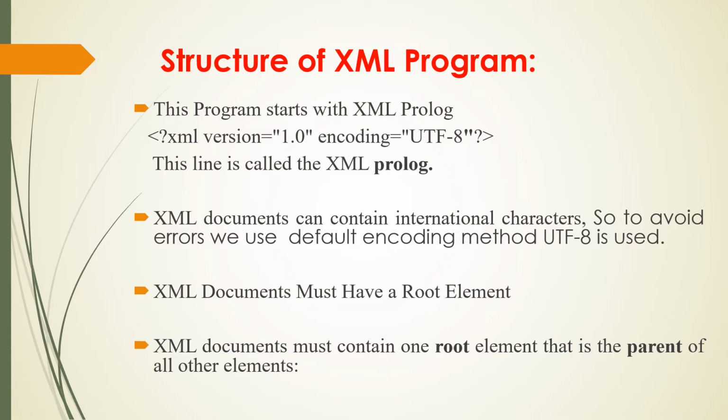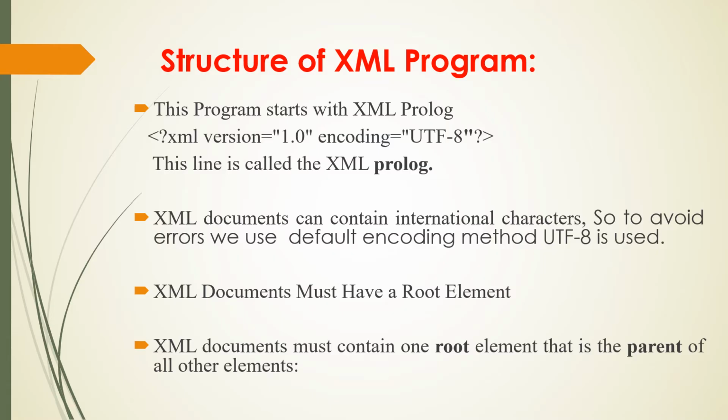Structure of XML program. The XML program starts with the XML prologue. XML prologue means angular bracket, question mark, xml version equal to 1.0 and encoding method is UTF-8, question mark, angular bracket. Then it is called an XML prologue.